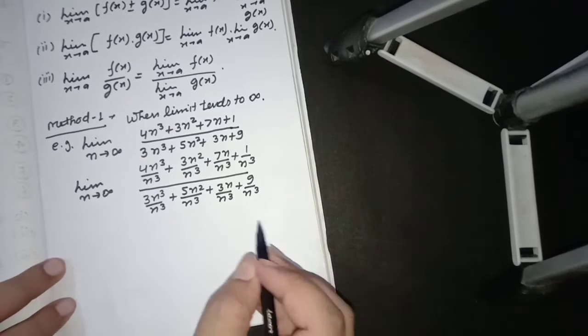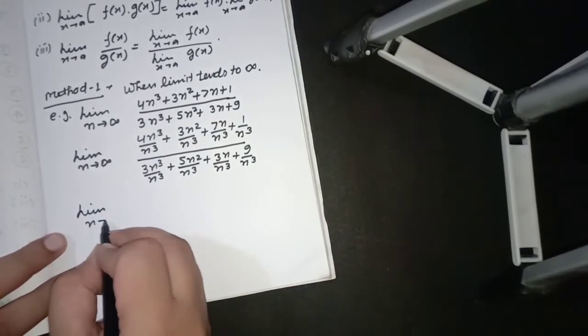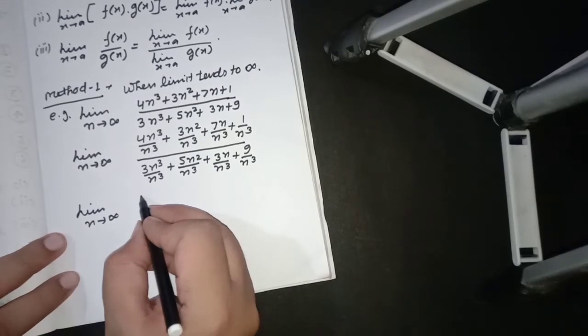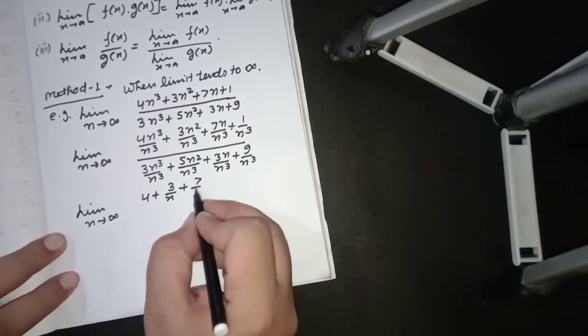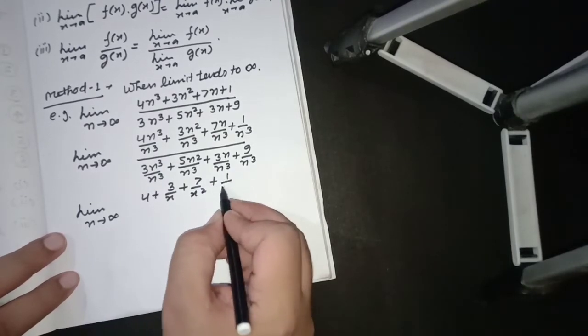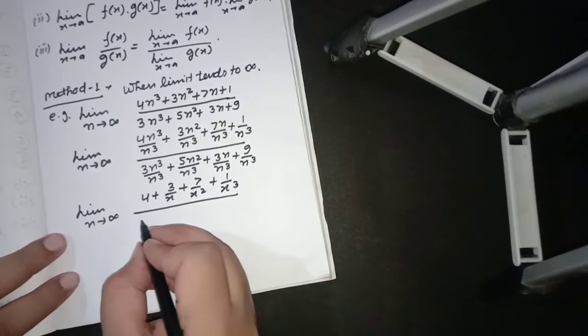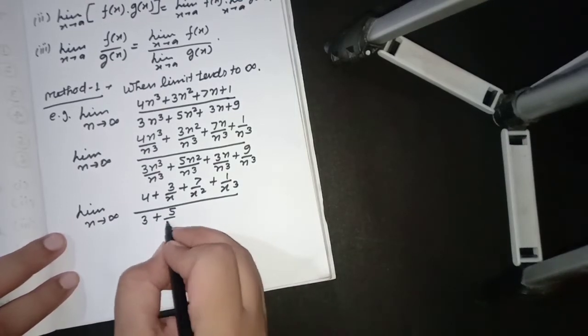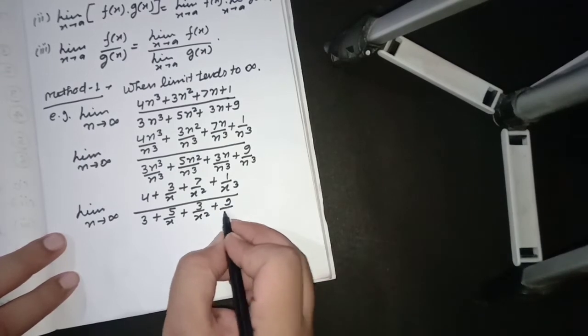So on simplification, the result will come out limit n tends to infinity 4 plus 3 upon n plus 7 upon n square plus 1 upon n cube whole upon 3 plus 5 upon n plus 3 upon n square plus 9 upon n cube.